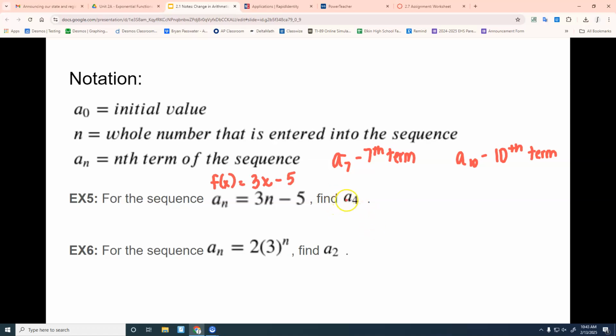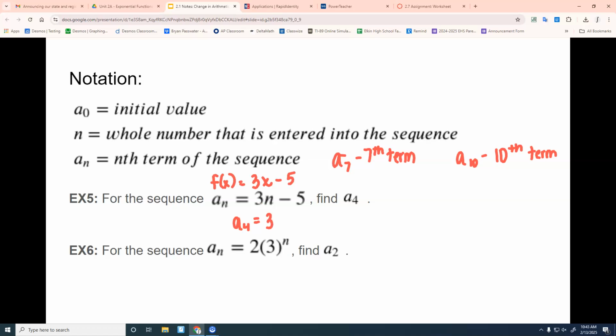So when they ask us for A sub 4, and there's an N right here, our A sub N here, if we want A sub 4, we're going to put A sub 4 equals, and that A sub 4 is kind of like saying f of 4. It's just a label. You don't actually work anything out for that.